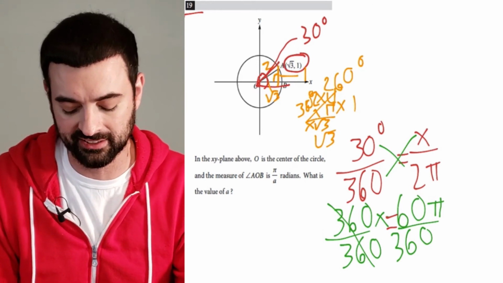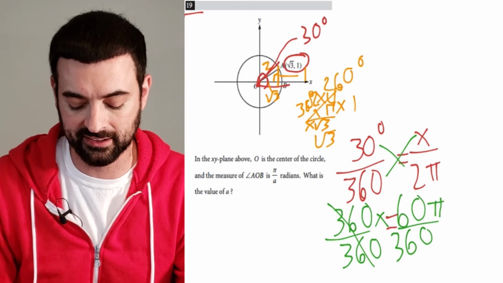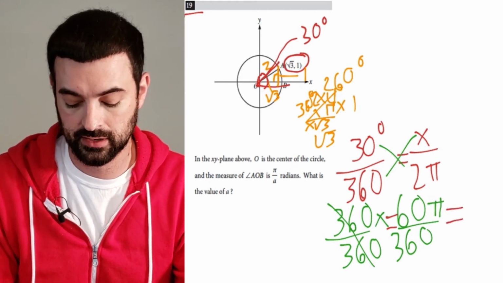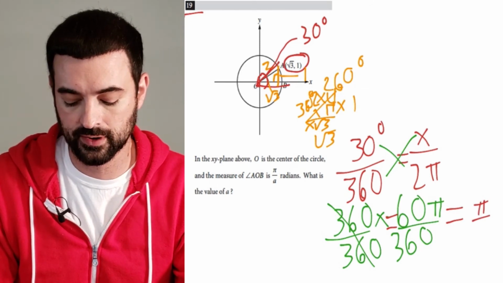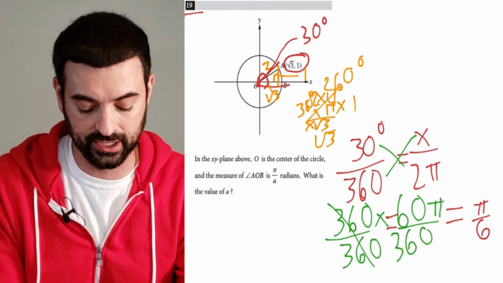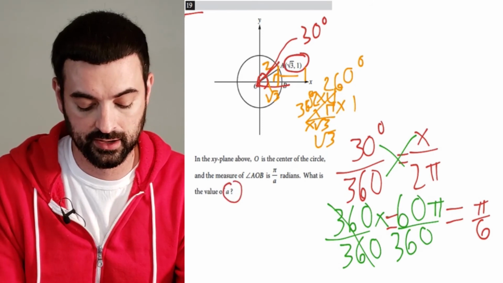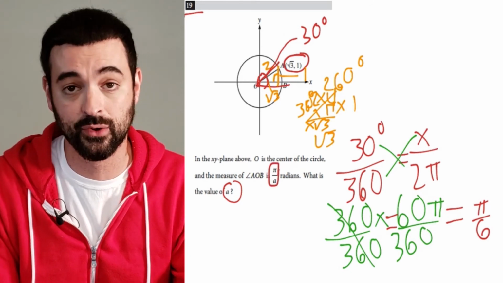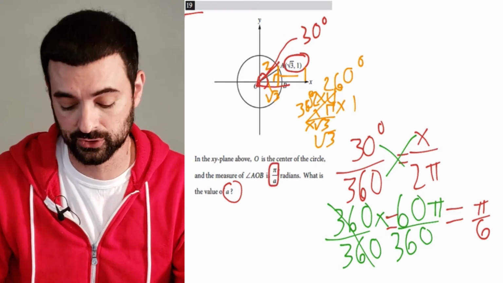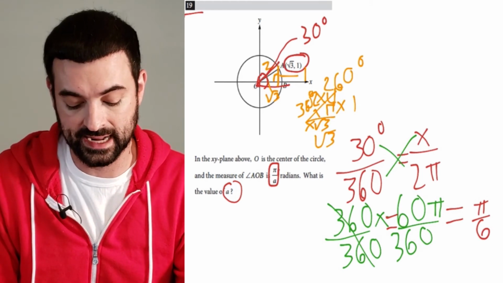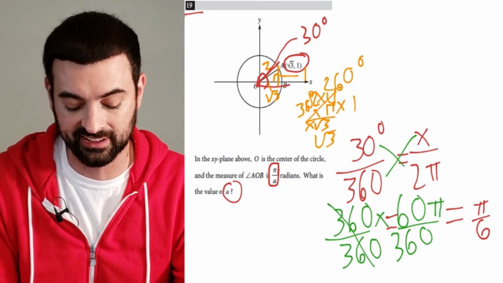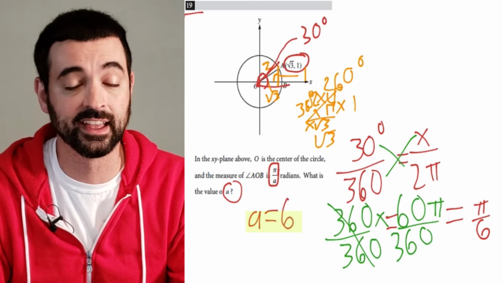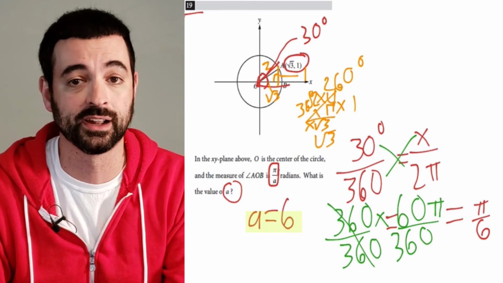Divide both sides by 360, and x equals 60 pi over 360, which can be simplified to pi over 6. The question is asking us for the value of a, and they're saying that the measure of angle AOB is pi over a. This is simple term recognition: if pi over a equals pi over 6, then a equals 6. And that's what you would bubble in because this is a free response question.